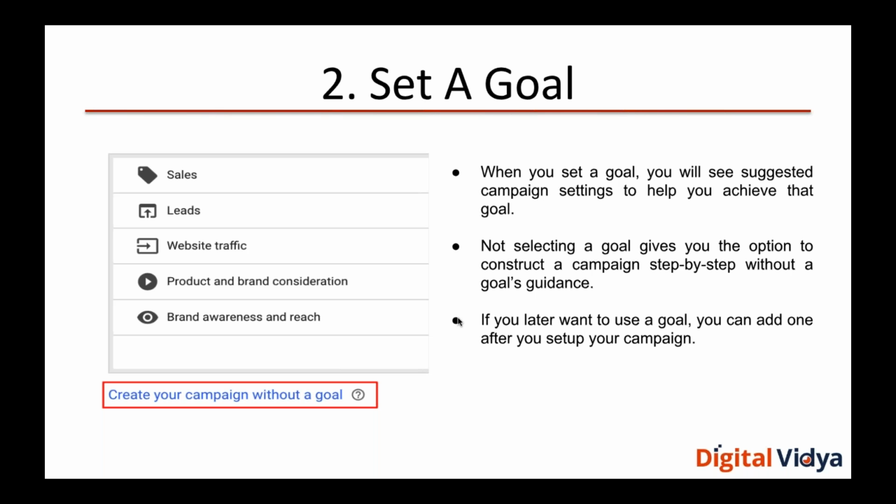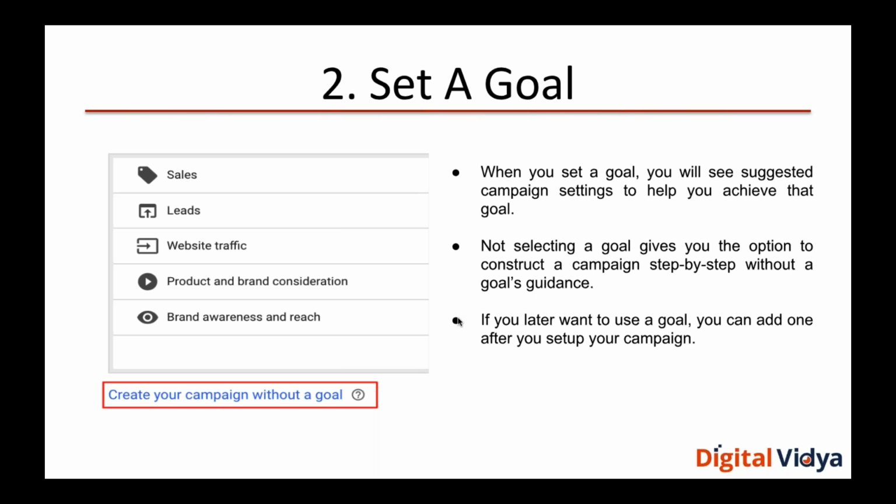Once you click on display campaign option, you are taken to this page where you have to set a goal. So the goal can be sales, leads, traffic to your website, brand or video, product or brand consideration if you're having a video ad, brand awareness or reach. Depending upon what goal I select, the kind of campaign settings or options that I see will differ.